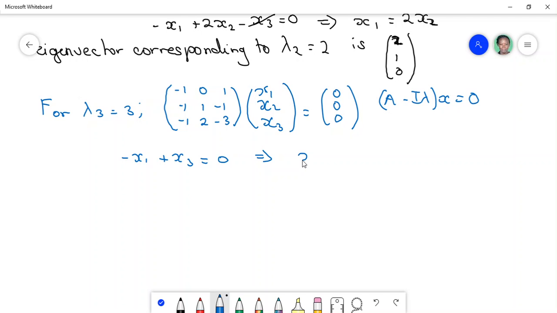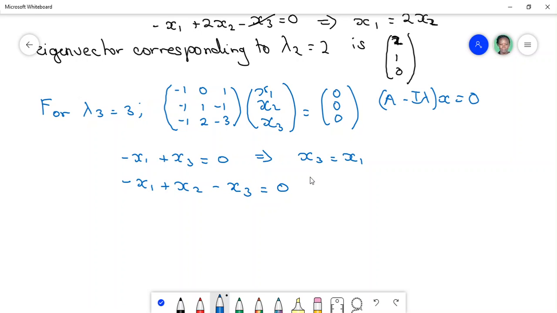This implies x3 is equal to x1. Then if I pick the second one, I have minus x1 plus x2 minus x3 to be equal to 0.